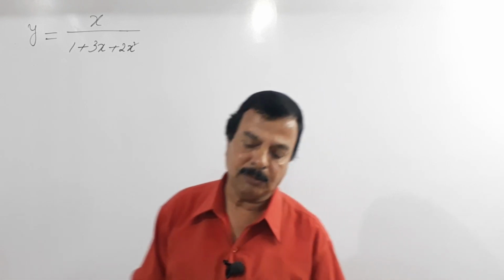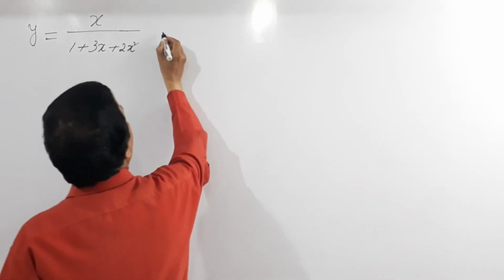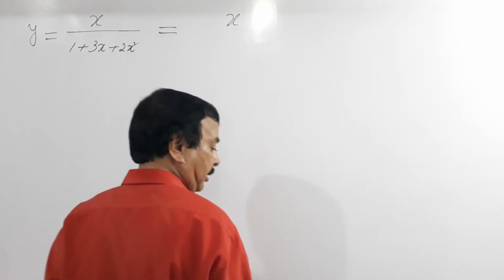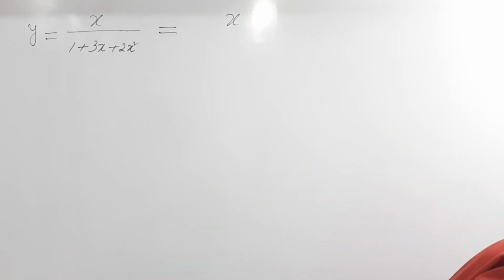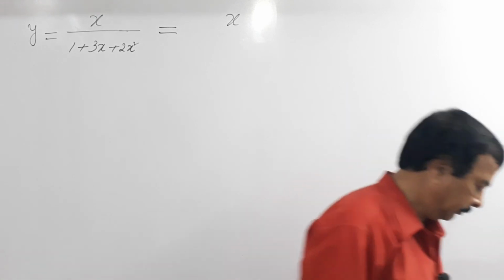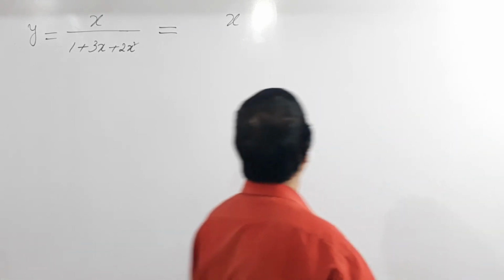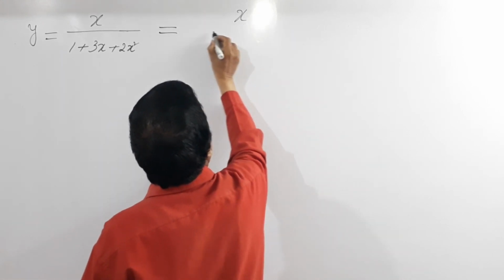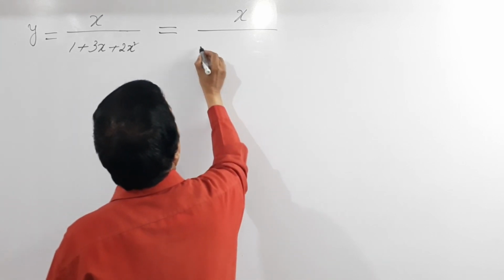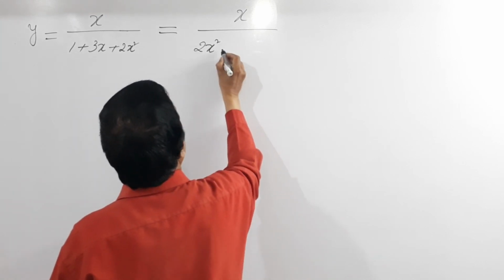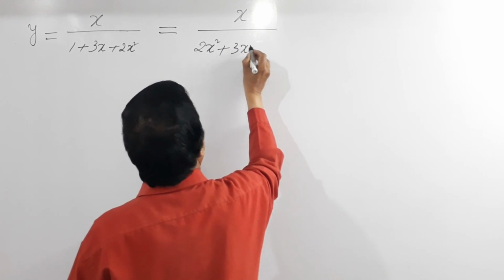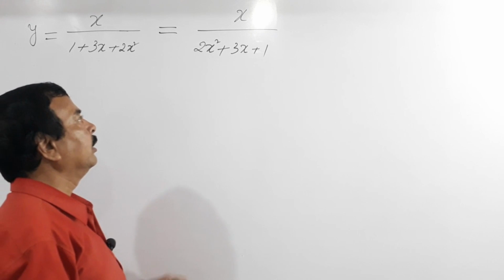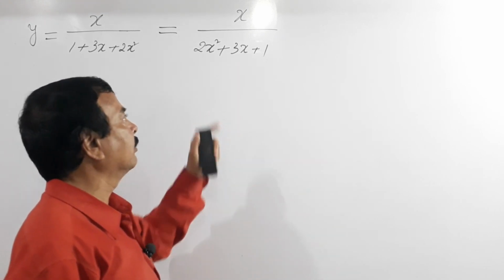We'll rearrange this, and write it like this: x by (2x squared plus 3x plus 1). I rearrange this. Now we have to factorize this. What do we do?